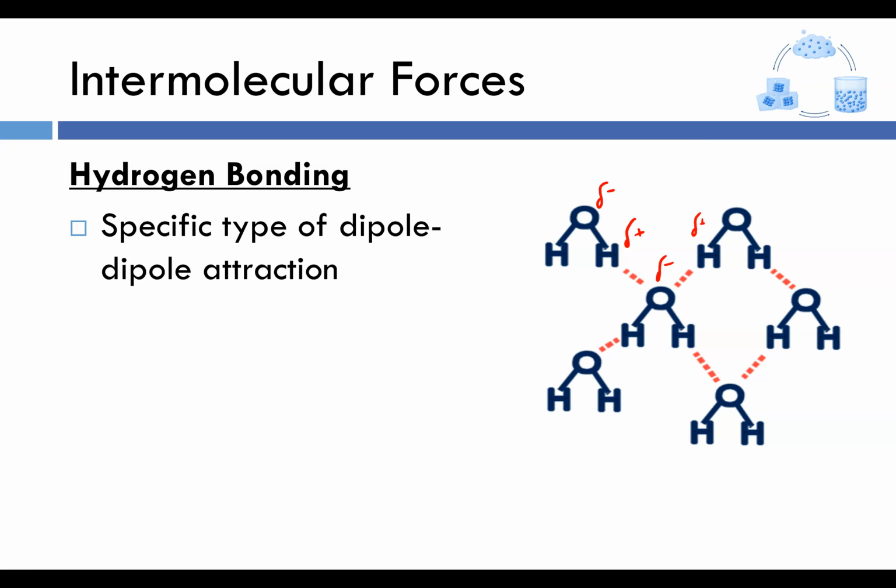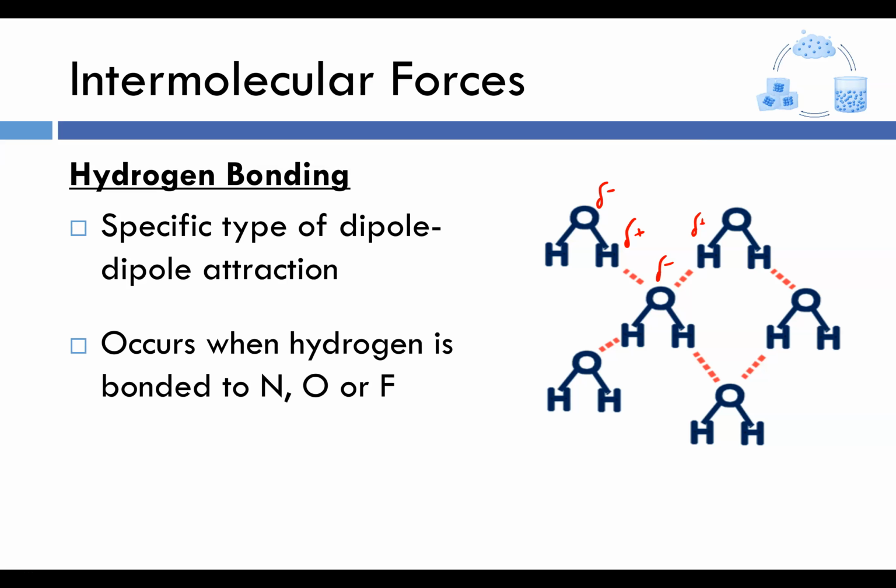Hydrogen bonding occurs when hydrogen is bonded to a small, highly electronegative element. So if you think back to the periodic trends in Unit 3, electronegativity is the ability of an atom to pull electrons towards itself in a bond. Hopefully you remember that fluorine is our most electronegative, and as you move further away from fluorine, you're going to see a decrease in electronegativity.